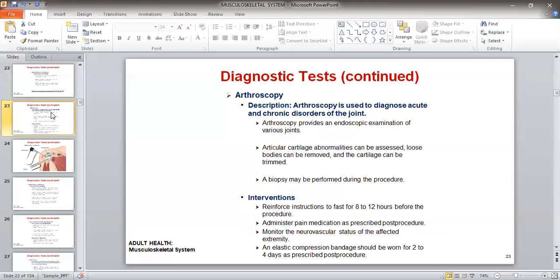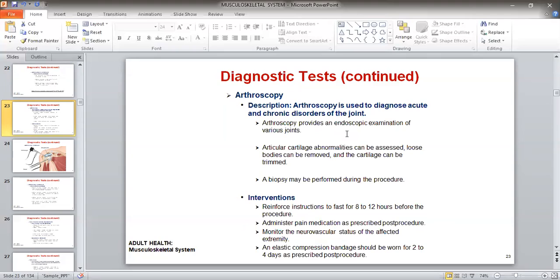What next? Arthroscopy. Arthroscopy is used to diagnose acute and chronic disorders of the joint. Arthroscopy provides an endoscopic examination, so it is an ultrasound guided procedure.